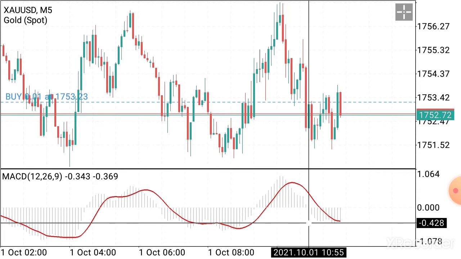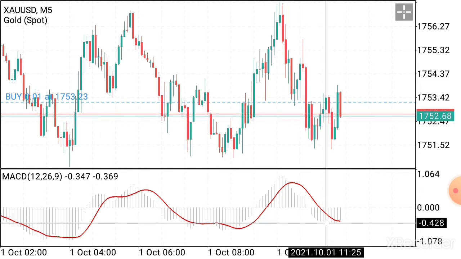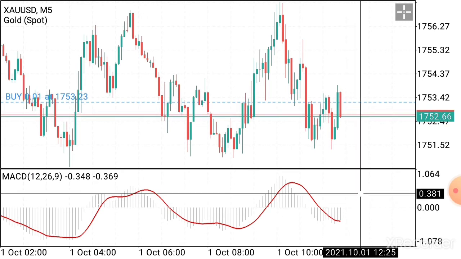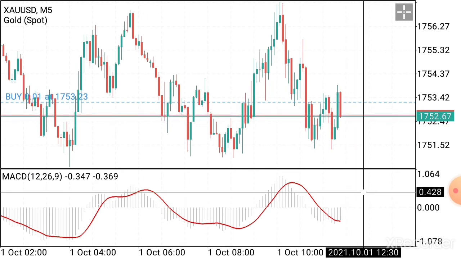If it goes up that high, I'm more than happy with that to get out. However, when the MACD comes back across the zero level, that's when I'm looking at really keeping a close eye on the price action, and I'll be closing out at some time when it comes back above the zero level.